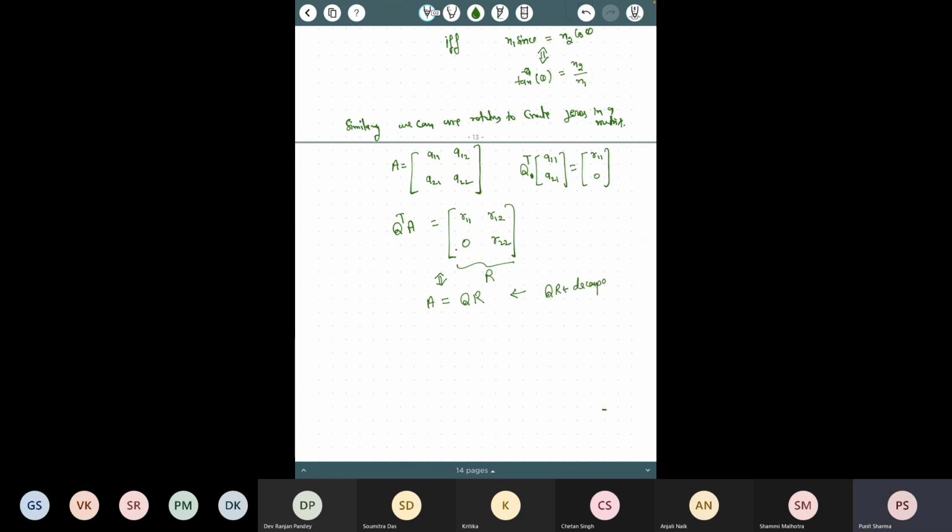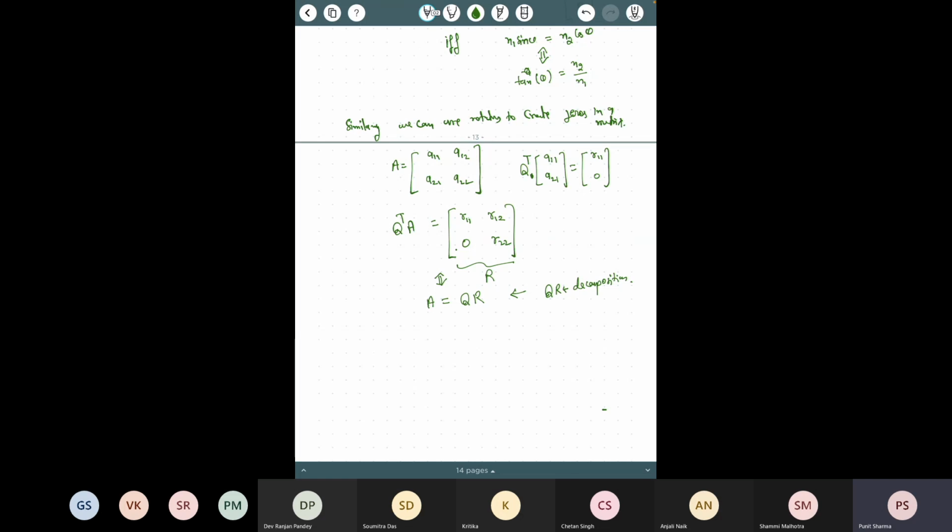I'm not defining it here, but you can see that these rotators can be used to achieve a decomposition of the form QR, where Q is orthogonal and R is upper triangular. And in fact, you will see that every n cross n matrix you can decompose using rotators or reflectors in terms of these 2 factors Q and R. So this is called QR decomposition.